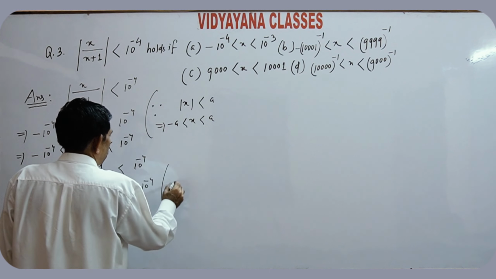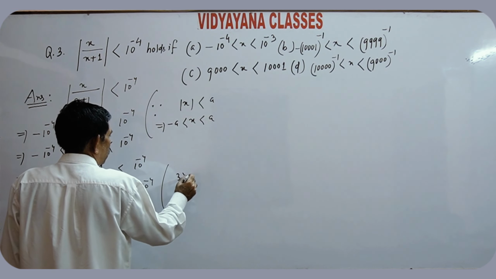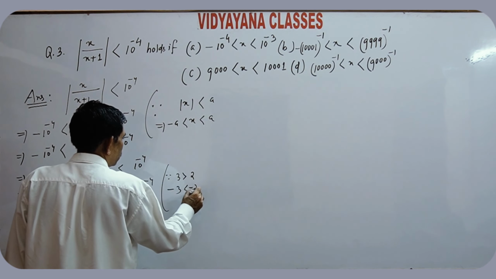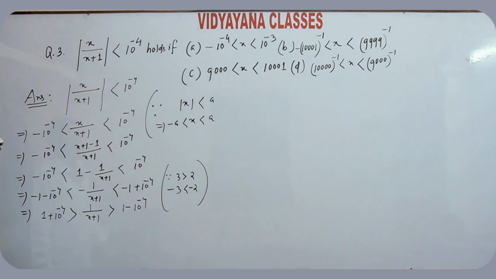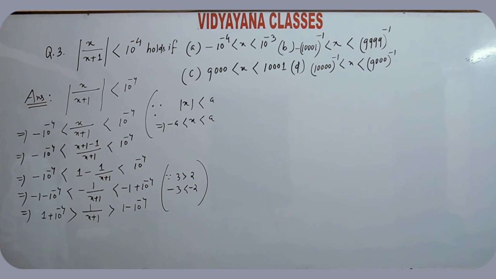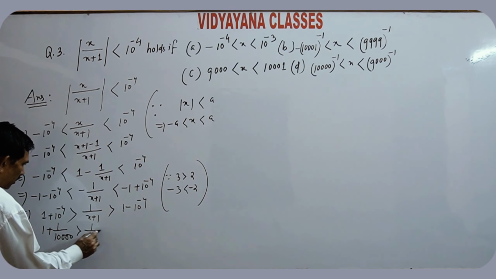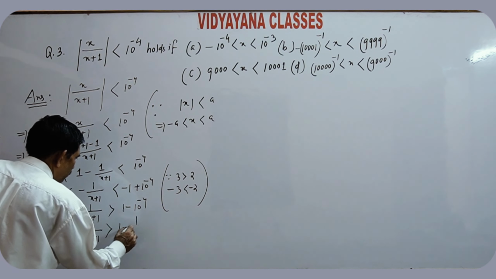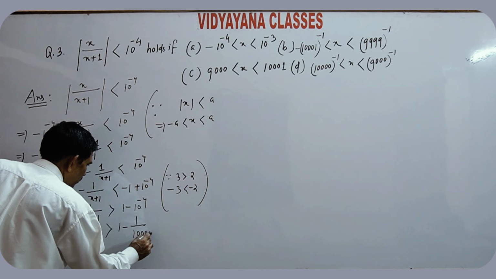Since 3 greater than 2 implies minus 3 less than minus 2, we get 1 plus 1 by 10,000 greater than 1 divided by x plus 1 greater than 1 minus 1 by 10,000.